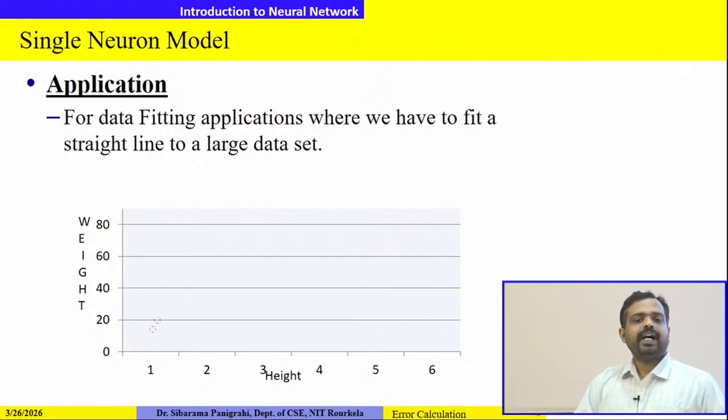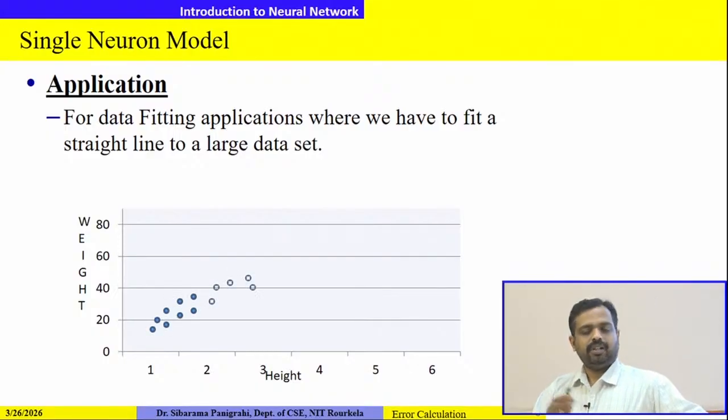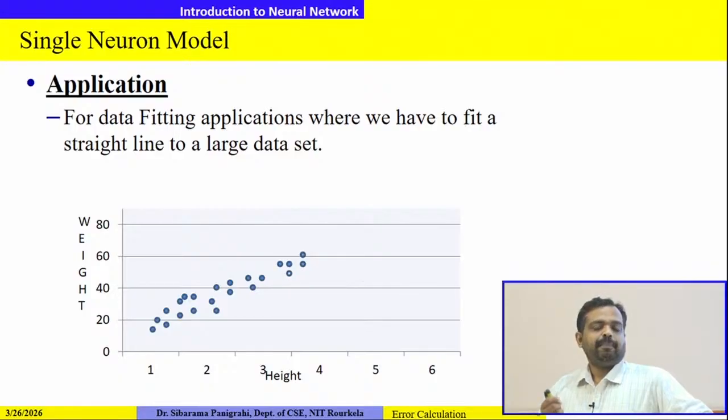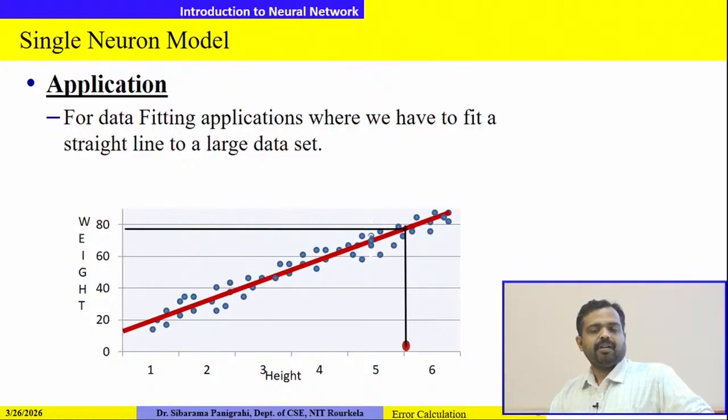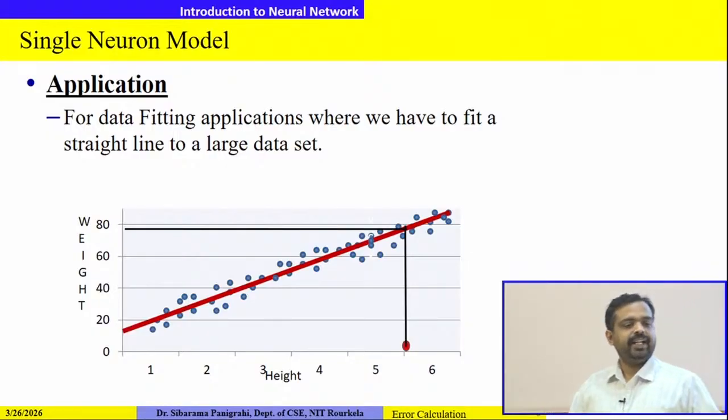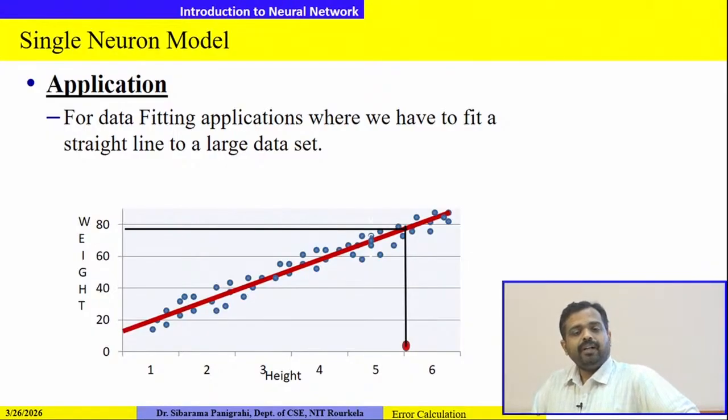We will measure the height and weight of a sample of persons, then we will fit a straight line to it. Then when we want to predict the weight of a new person, let us say mine, my height is 5 foot 5 inch, that I will give as input and it will produce the corresponding weight, let us say 78 kilo. So, here what we have done? We have fitted a straight line to the data.